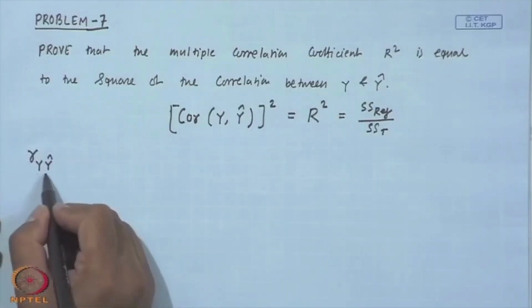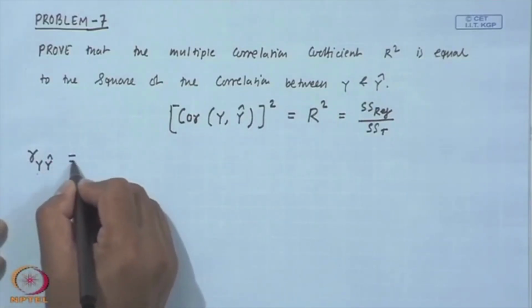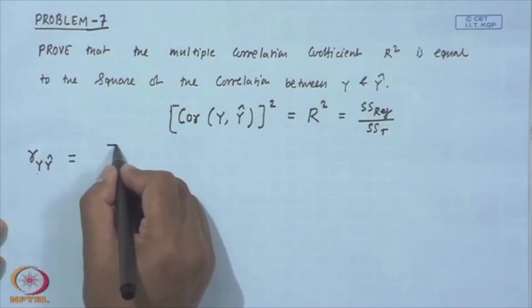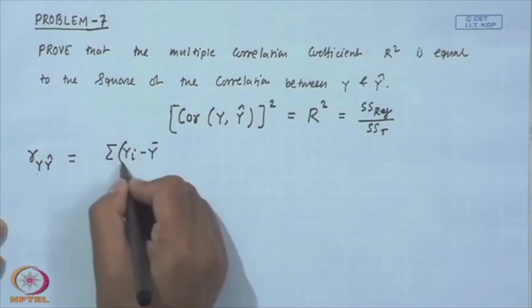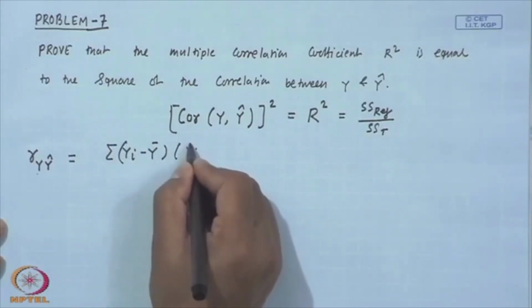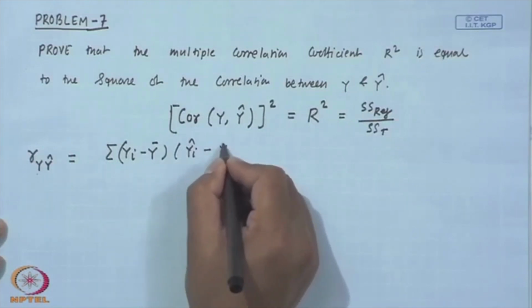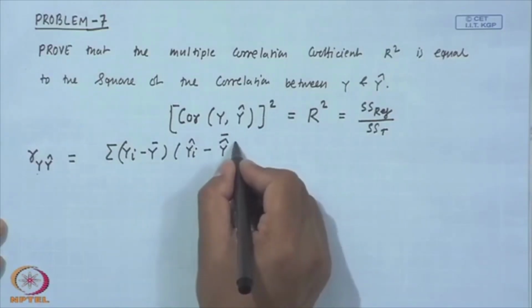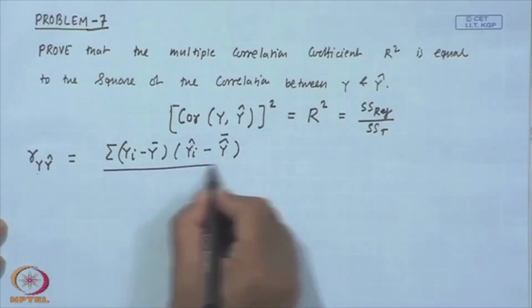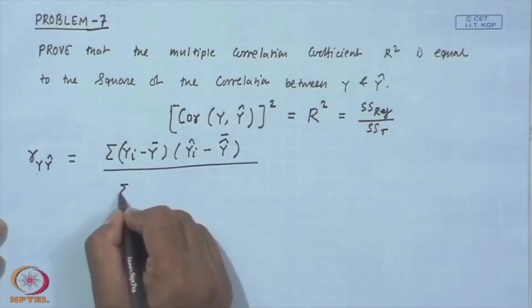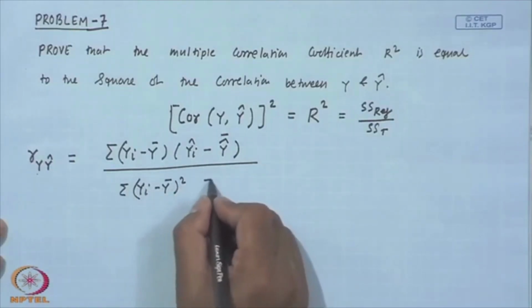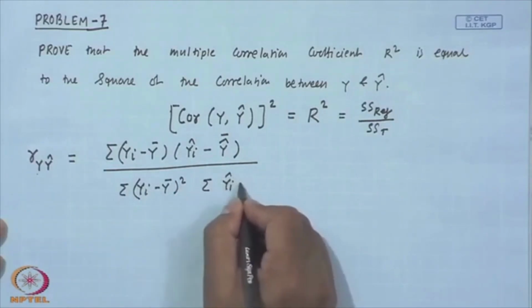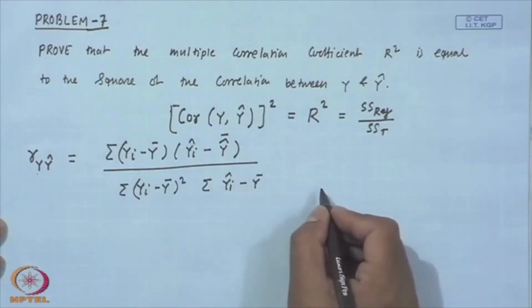This is the correlation between y and y hat, which is equal to summation y I minus y bar into y I hat minus y hat bar, you can write, but these two are the same, by the square root of summation y I minus y bar square times summation y I hat minus y bar square.